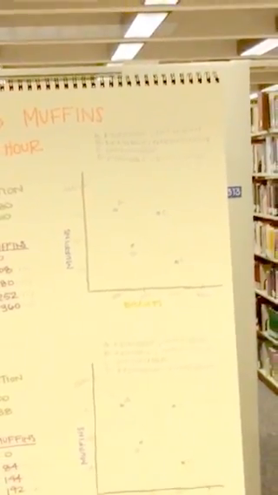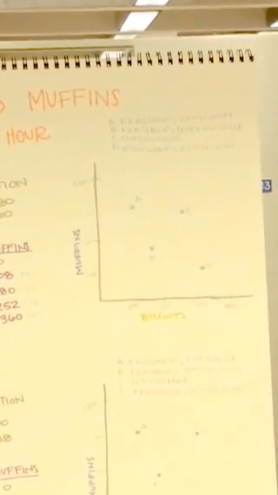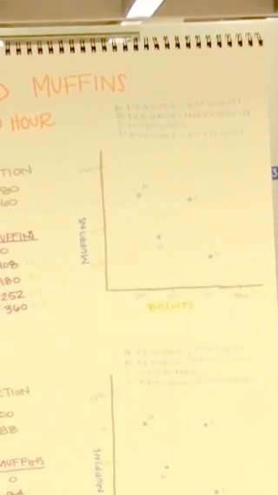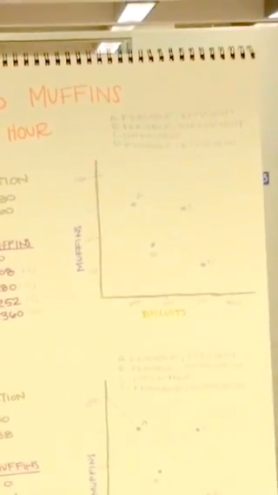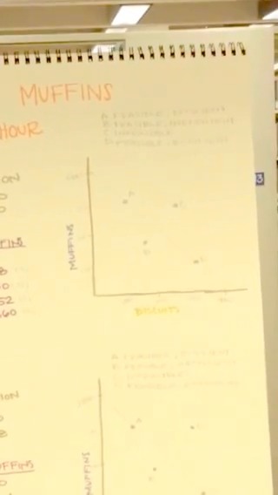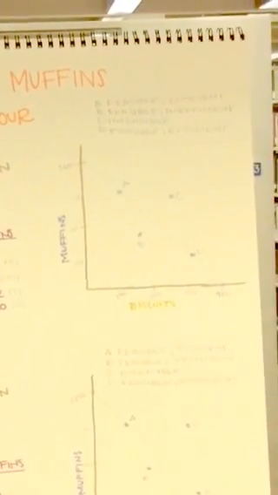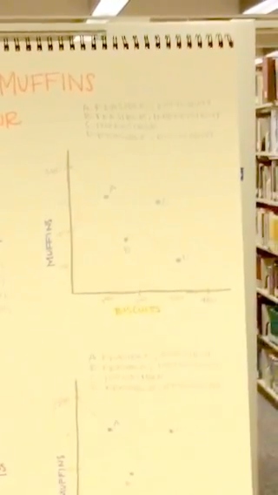We know that point A is feasible and efficient, since it is on the PPF line, and it shows the balance between the two goods. B is feasible and inefficient, since it doesn't produce as many goods as it should.